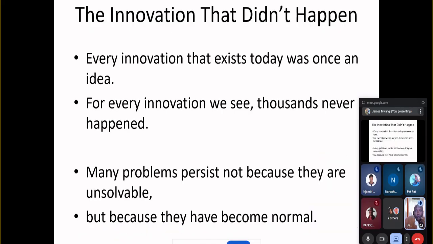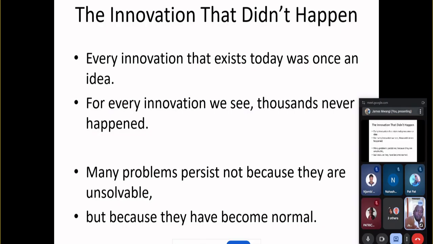So we look at an innovation that didn't happen. These are ideas in your mind today. You have a solution for something, but this did not come to happen. It did not go through the invention process, and then it did not become an innovation because it does not have any impact on the users.